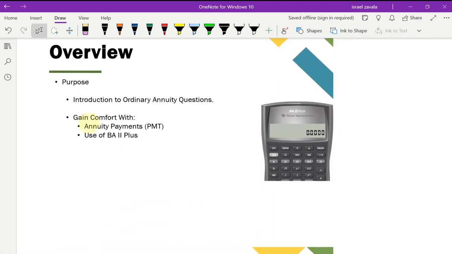All right, quick overview. The purpose of today is an introduction to ordinary annuity questions, to gain comfort with the annuity payments on your BA II Plus, and obviously the use of the BA II Plus. In the previous video, the one relating to payments as well but future value, I lectured a little bit about what payments are and what the key terms of payments are.